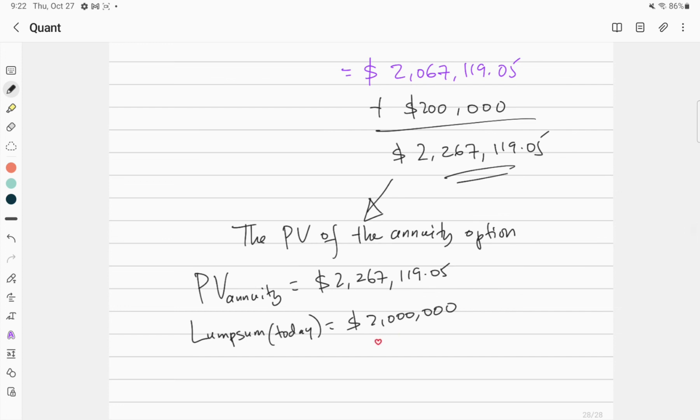Even if we're receiving 2 million today as a retirement, we might just waste it. We might not know what we're going to do with it. So we probably need the annuity payment. And even if we pass away at some point, we will have other beneficiaries that can take the payment. So the present value of the annuity is greater than the lump sum, and we will go with the annuity option.